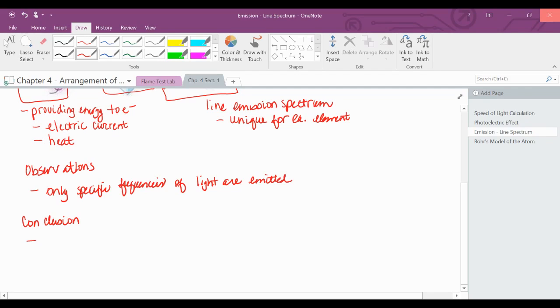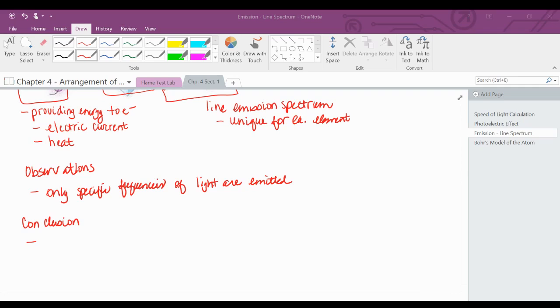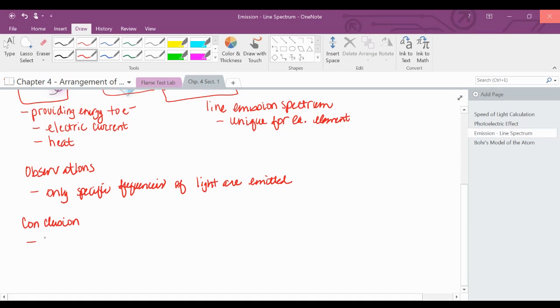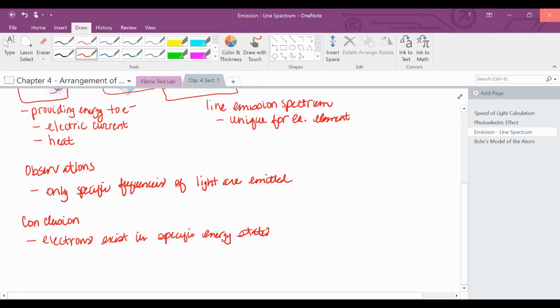And based upon that, here's what we conclude about our model of the atom. It tells us that electrons exist in specific energy states. So now we know something about the arrangement of the electrons within that electron cloud.